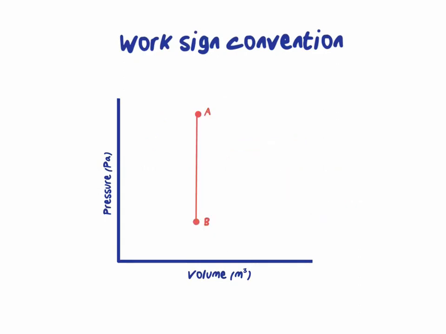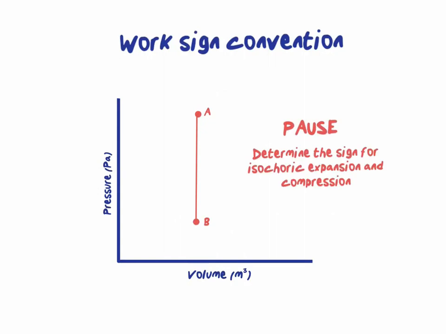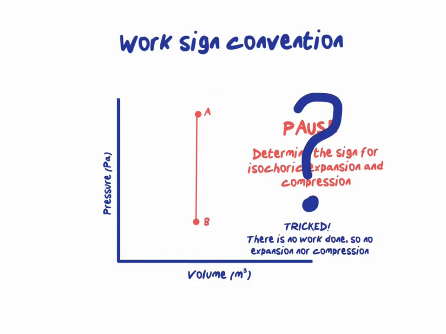Next, just to hit the point home, for an isochoric expansion and an isochoric compression, pause the video and write the sign of the work. Hopefully you were thinking, what the heck? There's no even reason to pause. First of all, there's no work done because I have no area under this function.